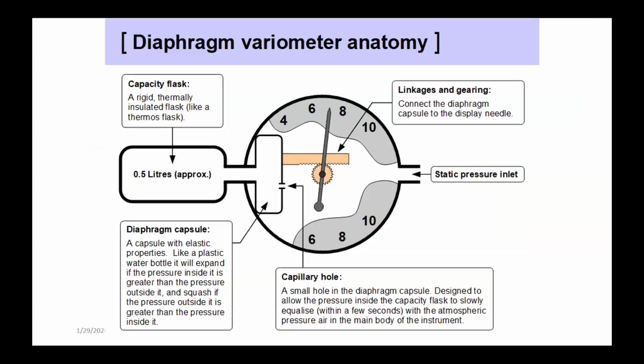This is a rate of change instrument. Whereas the others were measuring the pressure, this is going to measure the rate of change in the pressure. And the way it does it is, where we had the pitot tube before, it's going to put a capacity, and that capacity is going to connect to the chamber, to the capsule.